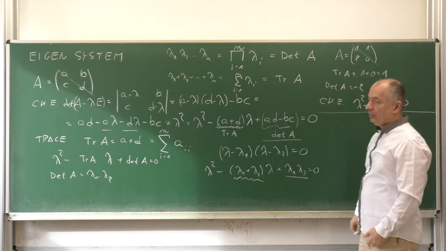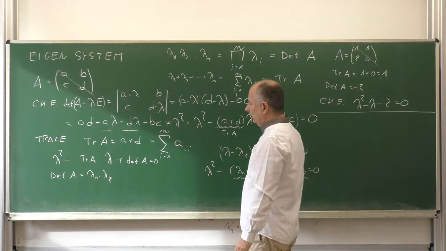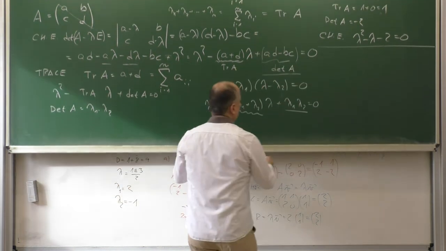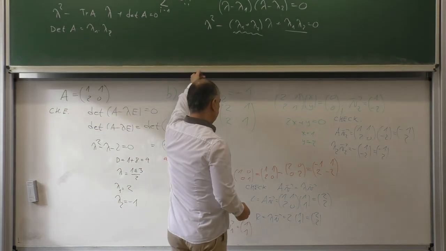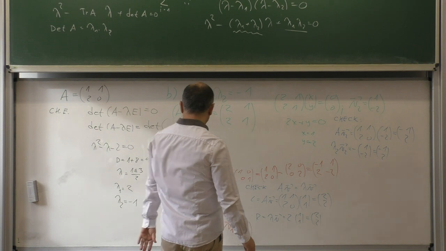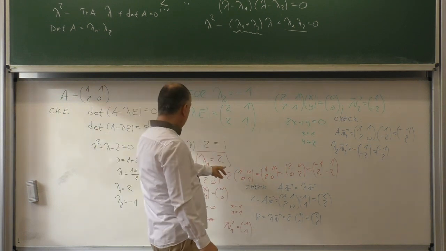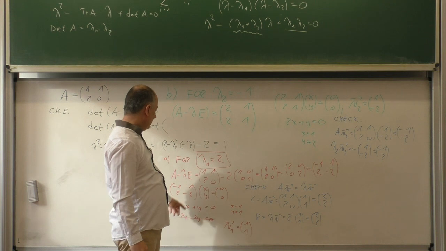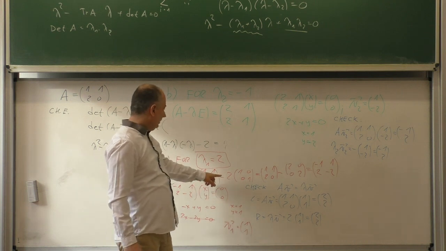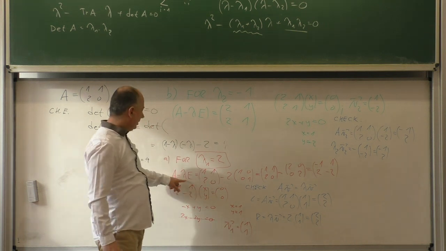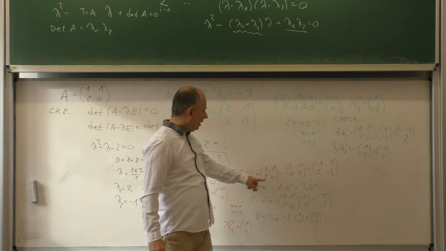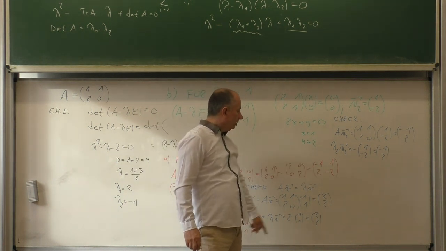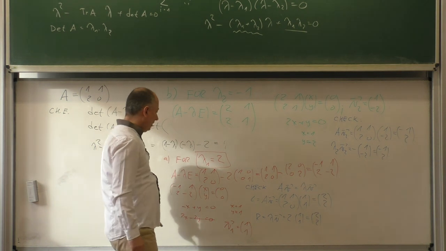And one more abbreviation, one more trick, one more useful piece of knowledge. When we find the eigenvalues and want to find the eigenvectors, then the matrix A minus lambda E is made from A when we subtract lambda from the entries on the main diagonal.